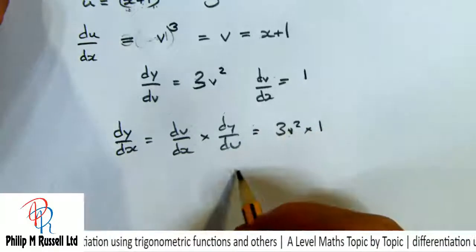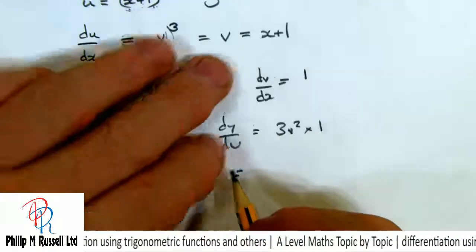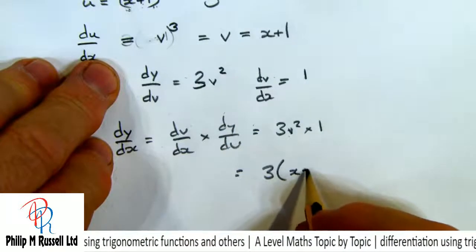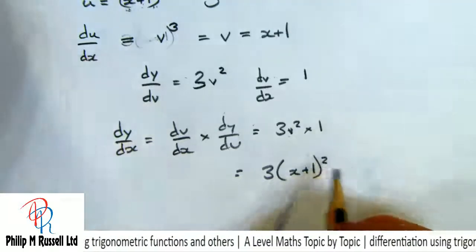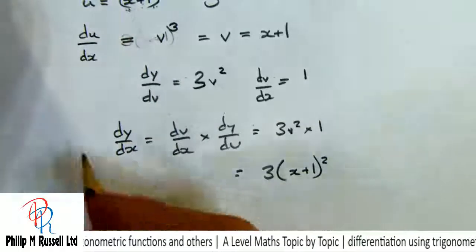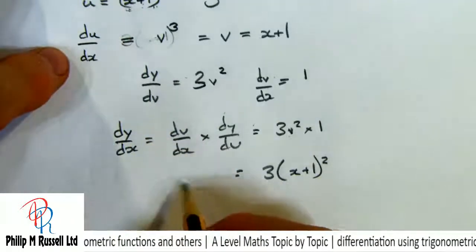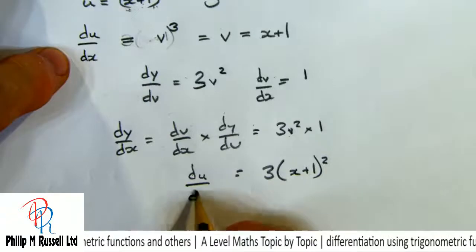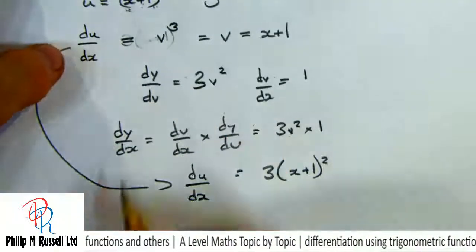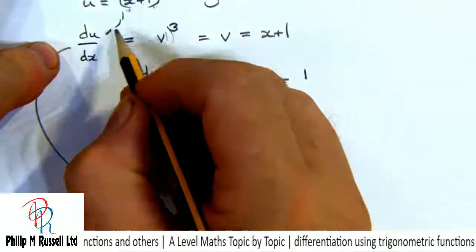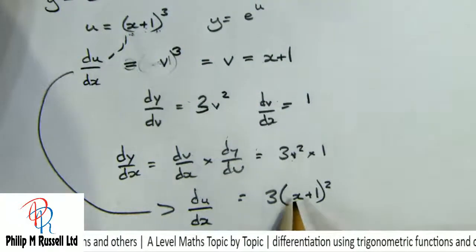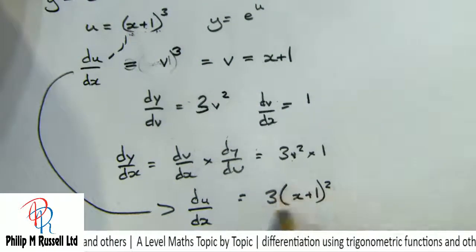Put v back in, and we decided that v was x plus 1, so it's going to give me 3(x plus 1) squared. So that is now what my du by dx is.